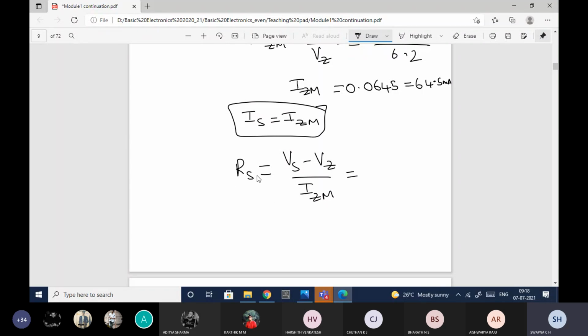What I'm doing is designing the circuit, because I need to find out what RS resistance is there. VS is given as 16, minus VZ is 6.2, divided by IZM, which I have got as 0.0645. Just substitute that 0.0645, simplify this and tell me what is your RS value.